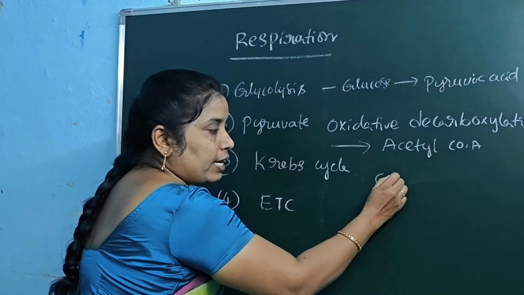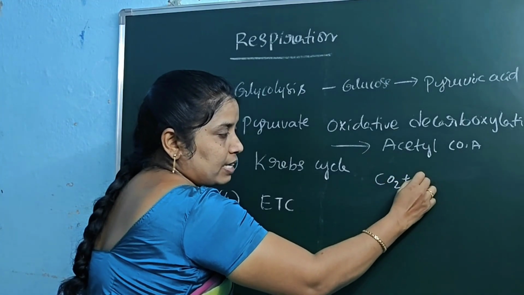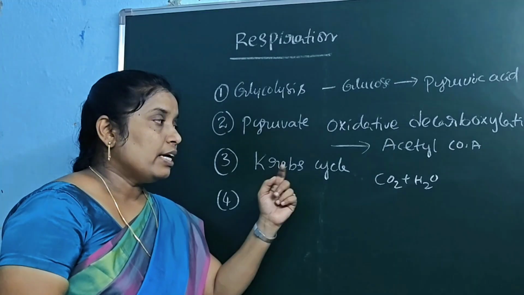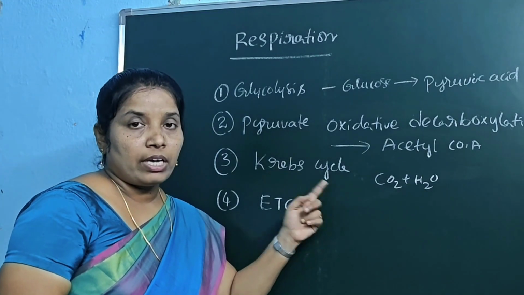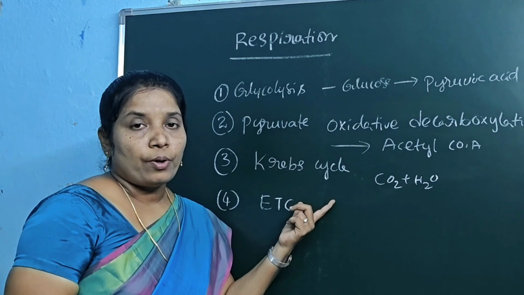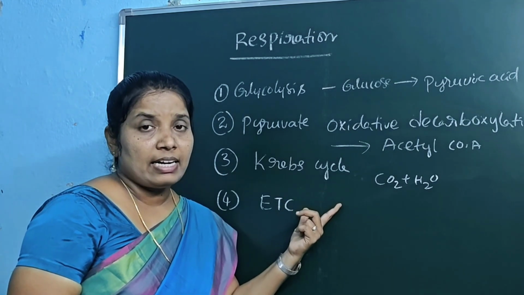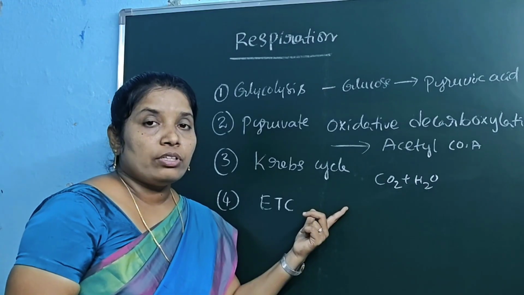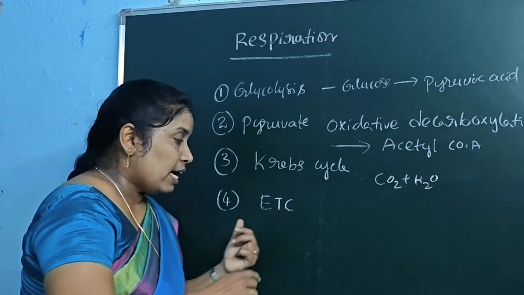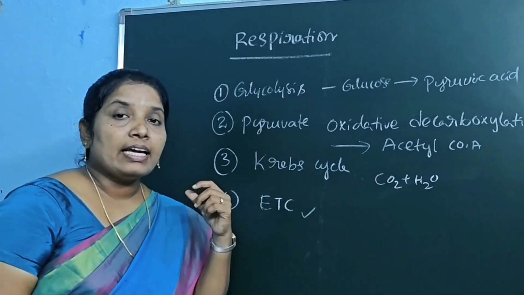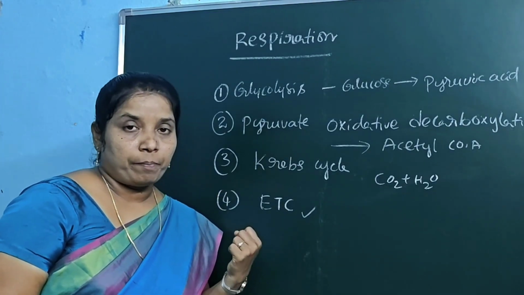Finally, CO2 and H2O are released in the Krebs cycle, which means complete oxidation occurs there. In the Krebs cycle, many energy molecules are released in the form of NADH2 and FADH2. They undergo the electron transport chain, where they can be converted into ATP.